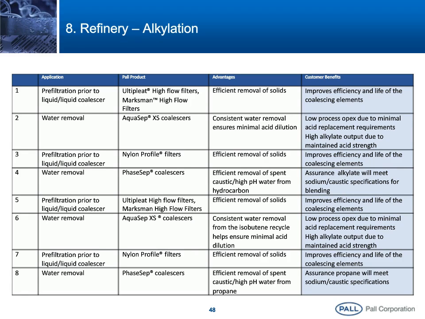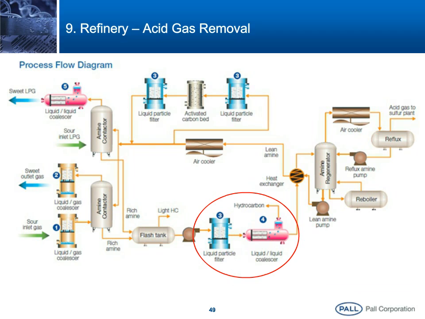And our last application to touch on today is acid gas removal. Here we can see a schematic of a typical system treating sour gas or sour LPG in the refinery via an amine treating solution. This produces sweetened product.